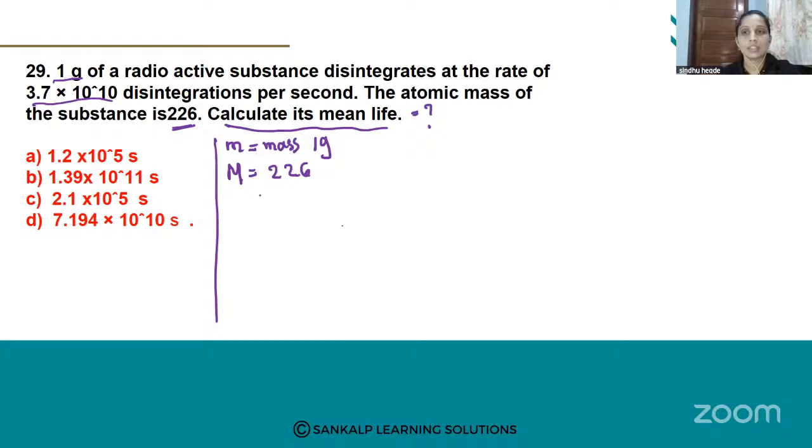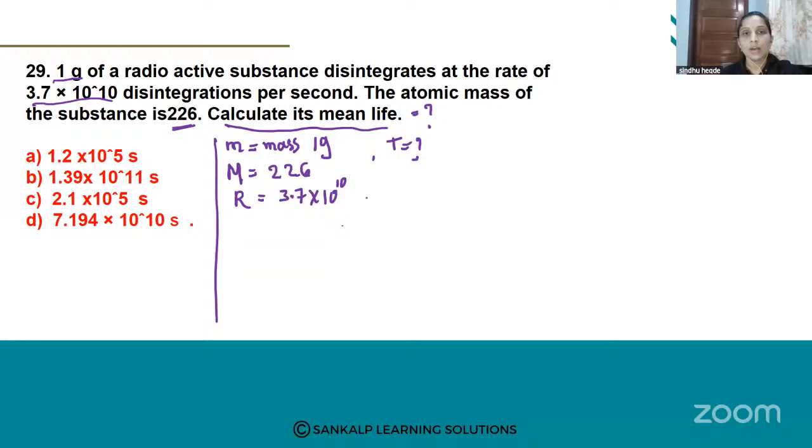Okay, next, what are the given things in the question? Again they give 3.7 into 10 raised to 10, the rate of disintegration is given, right? That is R. It is 3.7 into 10 raised to 10. Now you have to calculate the mean life, T value here.